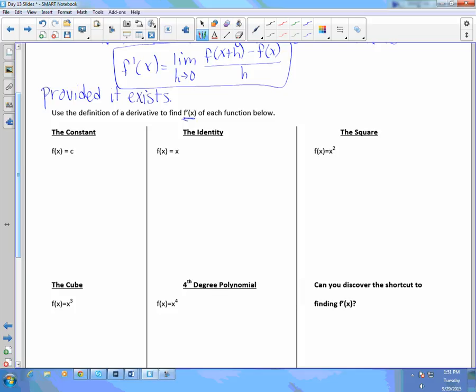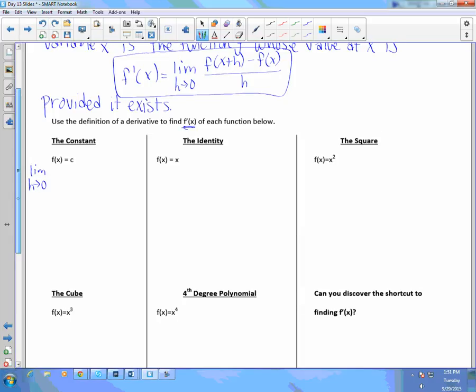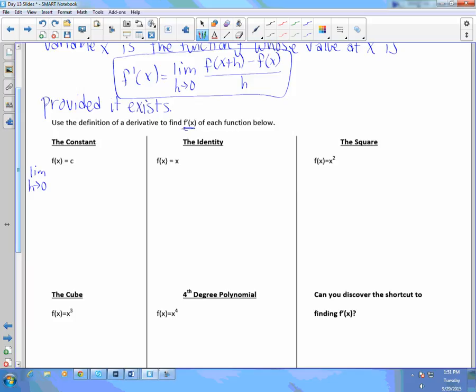We don't have a specific x value, so we can't plug in an x value, but let's find the limit as h approaches 0. We did this in class. This is your only homework today, in addition to studying for your test.